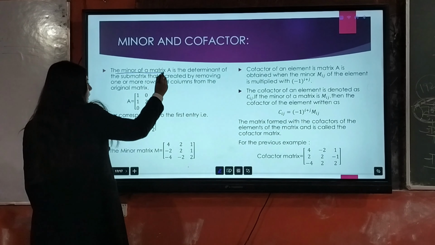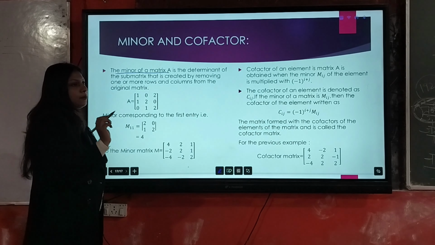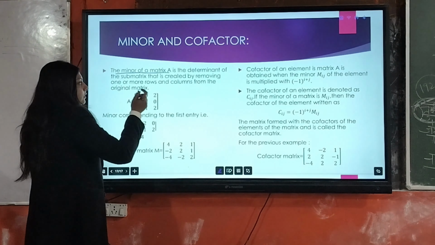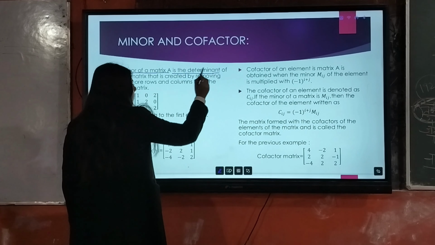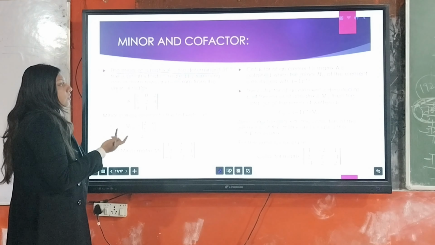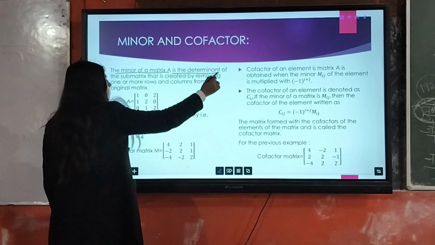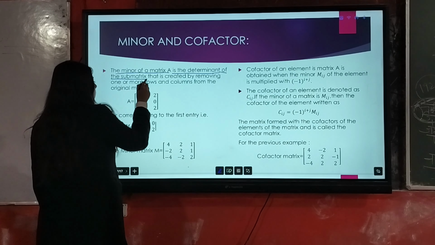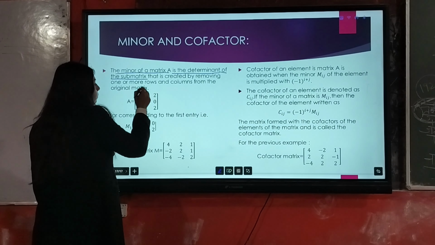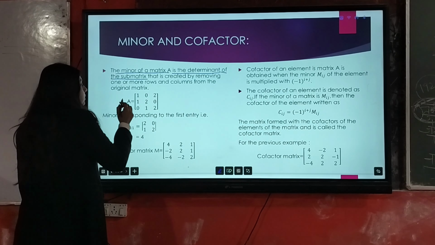We are defining the minor corresponding to a matrix. It is the determinant, which we have learned previously, of the submatrix that is created by removing rows and columns from the original matrix.